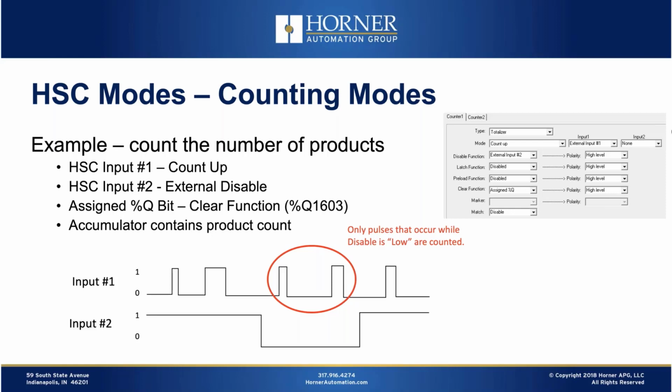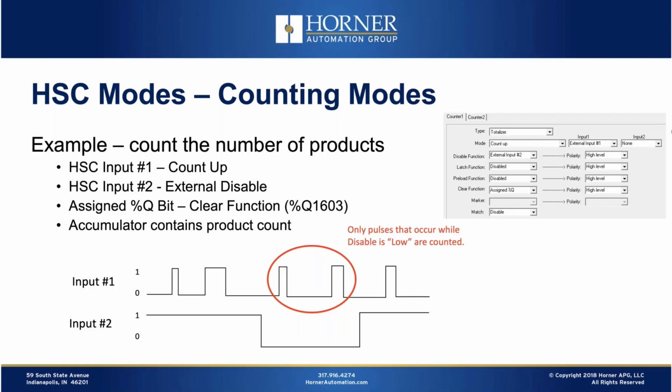Now, at some point, I'm going to want to clear the accumulator. But in my application example here, that is not a time critical function. So I'm just assigning an internal Q bit as the clear function, and I will turn that Q bit on in my logic to execute the clear. Because in my application example, if that happens over a period of a few scans, that would be fine.